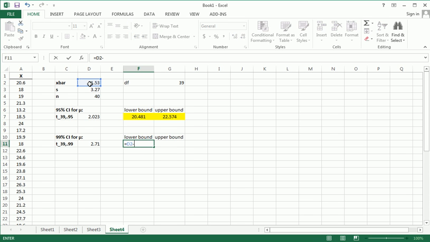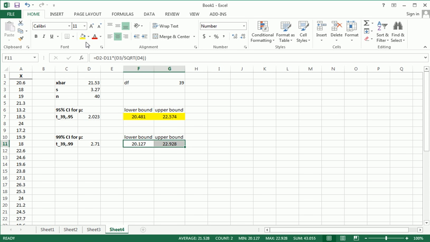X bar minus first, t critical value times S divided by the square root of the sample size, and the upper bound equals X bar plus this time t times parentheses S divided by SQRT, open parentheses, sample size, close, close. And now we have the 99% confidence interval for mu.